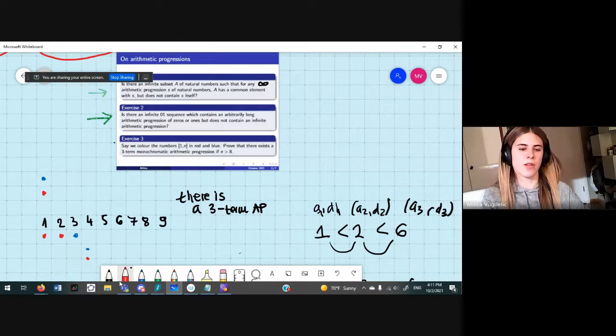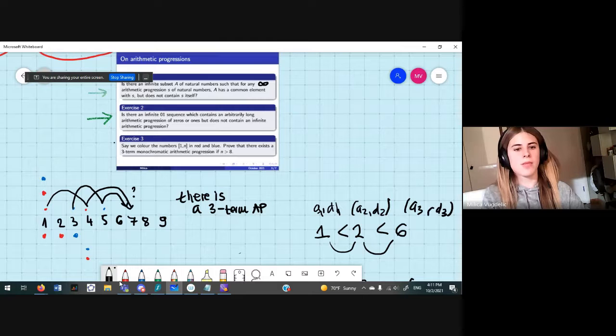We want to have a situation where we have 1 and 5 red and a missing 7, which we know nothing about, and something else like 3 and 5 blue, and also know nothing about 7, but because both of these fake APs, the unfull ones, want 7, then we would know that 7 can be anything and we would be done.